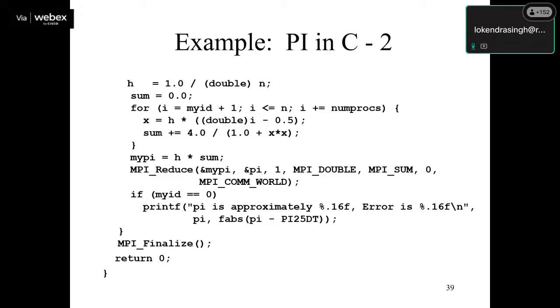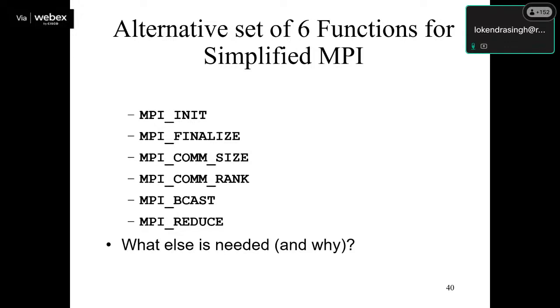So what we want is an alternative set of 6 functions for simplified MPI. For the simplicity of the programs, we can use more data movement or collective communications for reductions. We can use more and more routines. That one is for initialization of the environment. This one is for closing the environment.